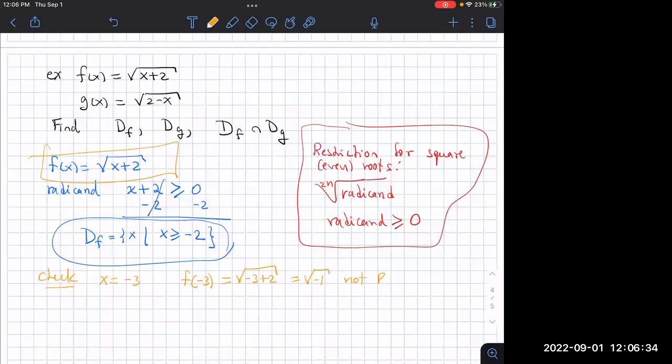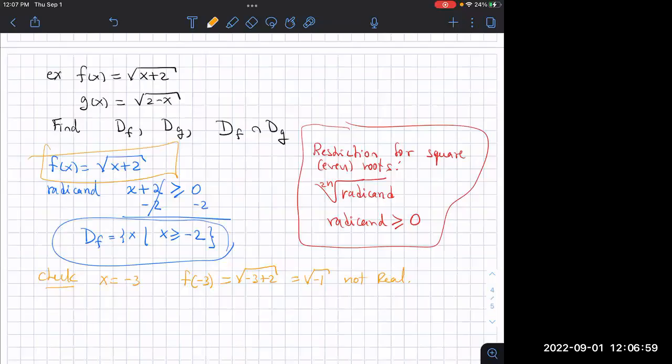Undefined. Not real. Somebody in the history of mathematics said, well, what if we were to define the square root of -1? And that question gave birth to a whole world called the world of complex numbers.